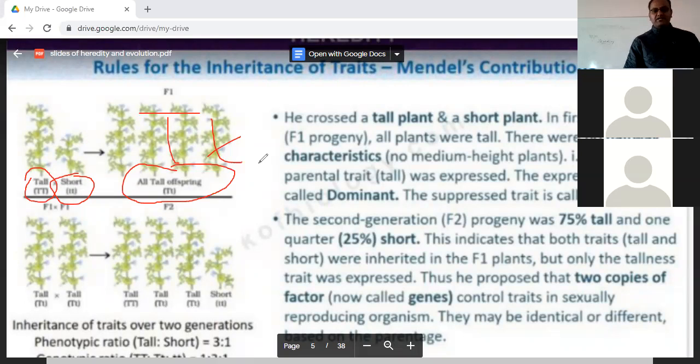Then why are all the plants tall? I repeat my question. When we cross the tall plants, designated by capital T, with the dwarf or short plant, designated as small t, in the F1 generation we are getting all plants tall. Why? Can anyone say?